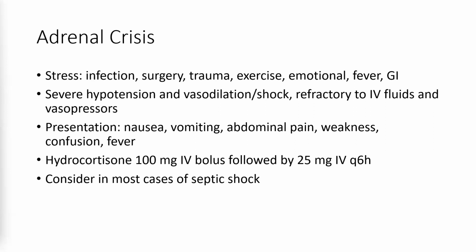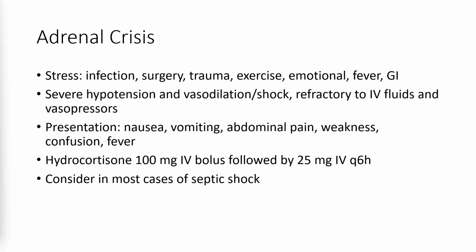The presentation here can be nausea, vomiting, abdominal pain, weakness, confusion, and fever. The treatment is hydrocortisone 100 milligrams IV bolus, followed by 25 milligrams every 6 hours. You should definitely consider adrenal crisis in most cases of septic shock.